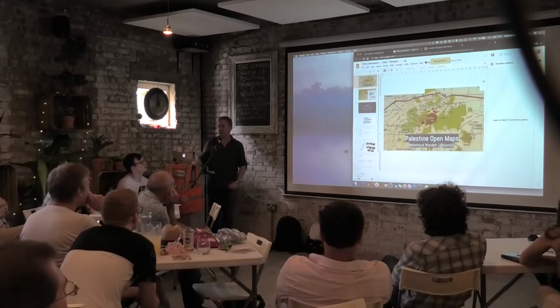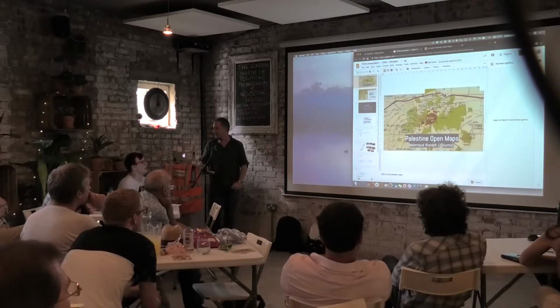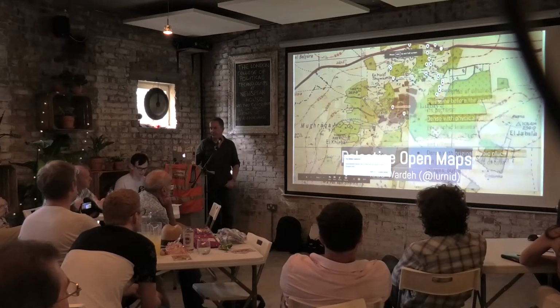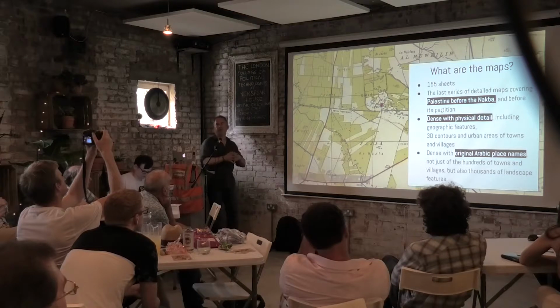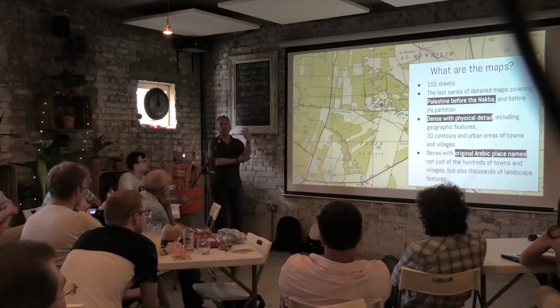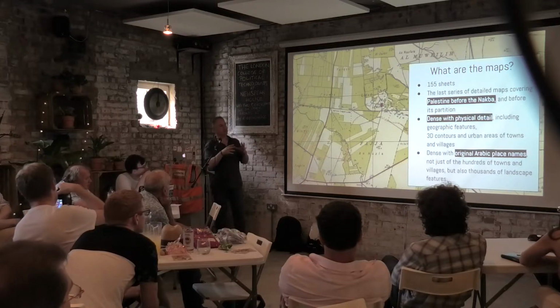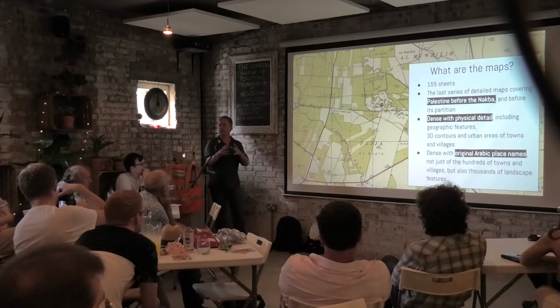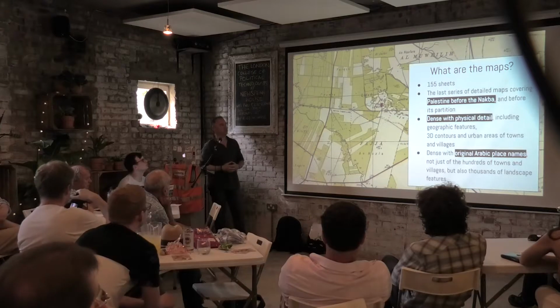So I've been volunteering with the project since the end of last year, and Palestine Open Maps is basically based on 155 sheets, physical maps, that were made by the British colonial authorities in the 1930s and 1940s during the Mandate era, when the British government had a mandate over Palestine.